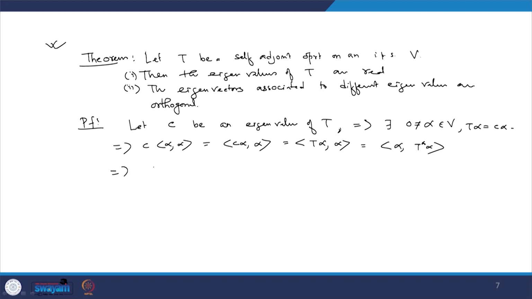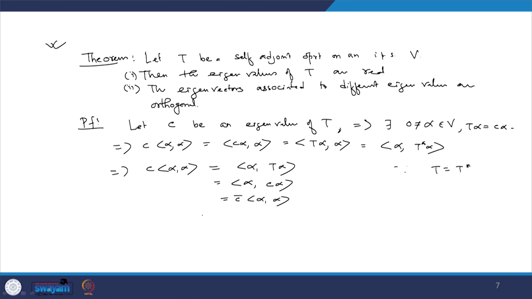So, this is equal to inner product of alpha, T alpha, because self adjoint means T equal to T star. So, this is equal to inner product of alpha and C alpha, which is equal to C bar inner product of alpha alpha.